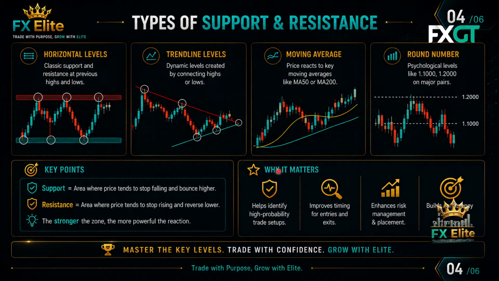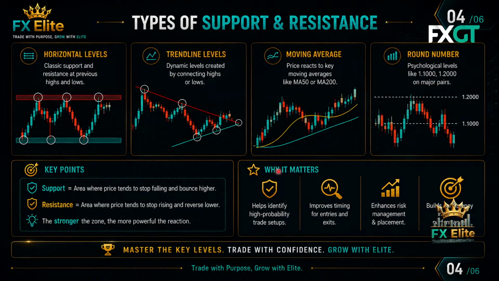So there are around four different types of support and resistance. One is the horizontal level, which is what a lot of people usually use. The next one is the trend line. These are dynamic levels created by connecting the high points or the low points of a particular market movement.